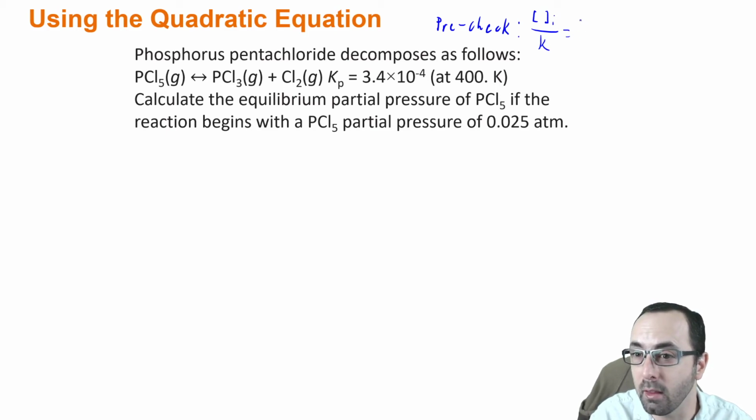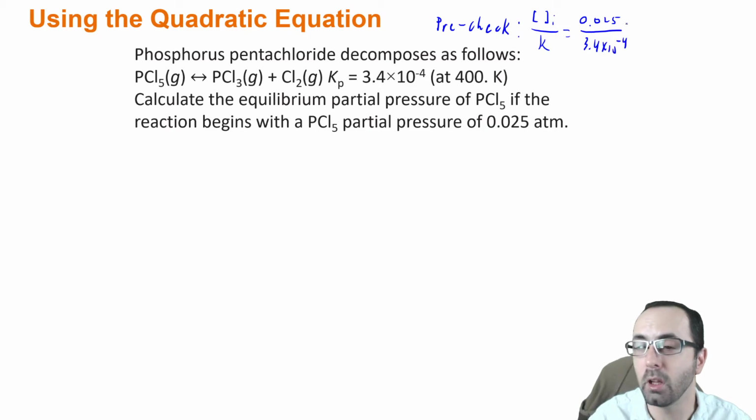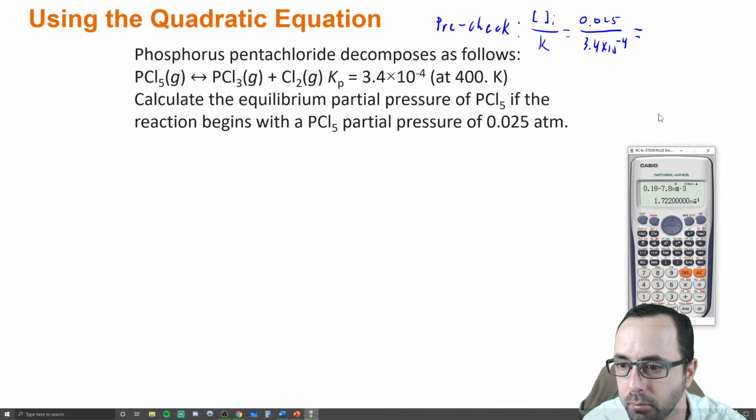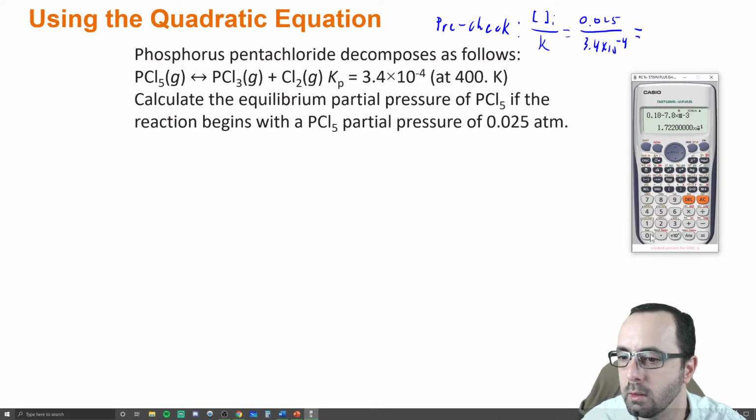So this time it's 0.025 atmospheres divided by our K, 3.4 times 10 to the minus 4.